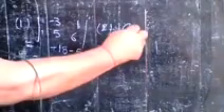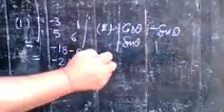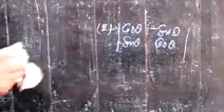Second question: determinant with rows cos theta, minus sin theta, and sin theta, cos theta. Find its value. 1. Yes, correct, its value is 1.